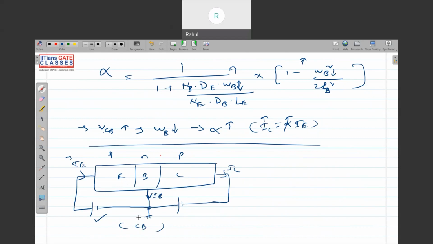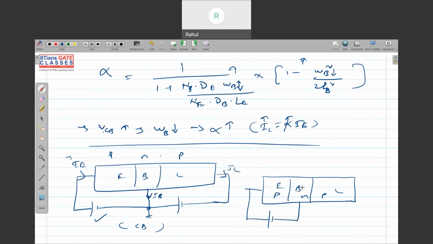So if a BJT is biased with respect to base, then it is called common base configuration. There is another configuration called common emitter, where the BJT will be biased with respect to the emitter as common. This is emitter, base, collector, PNP transistor. So emitter will be common.